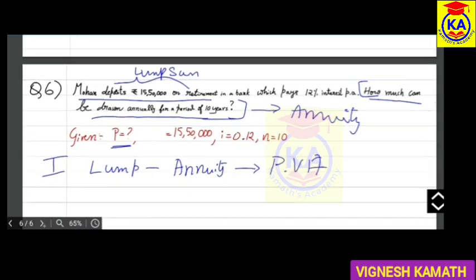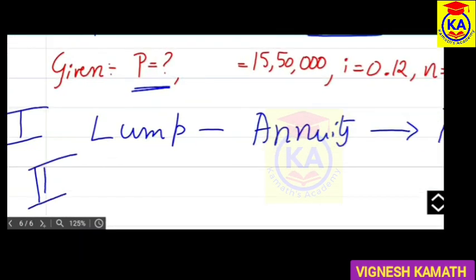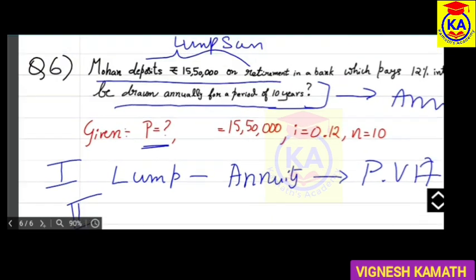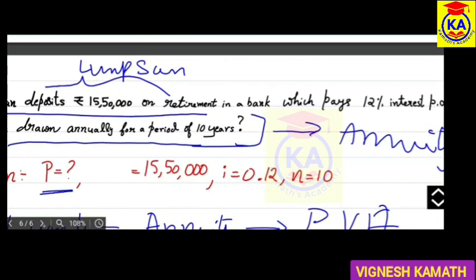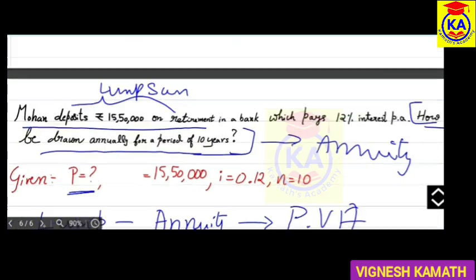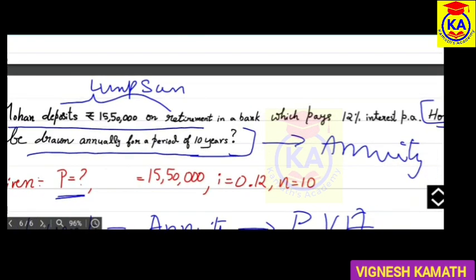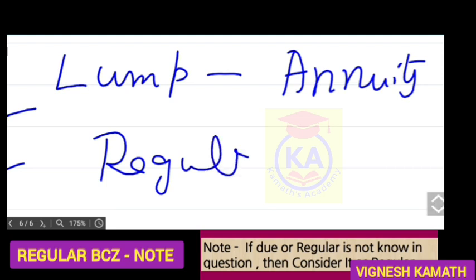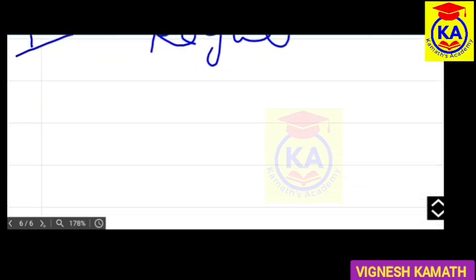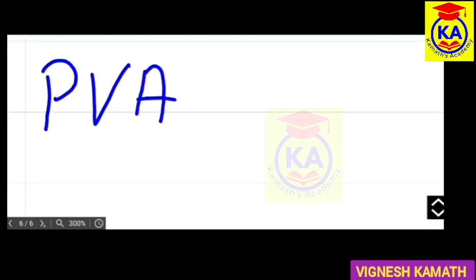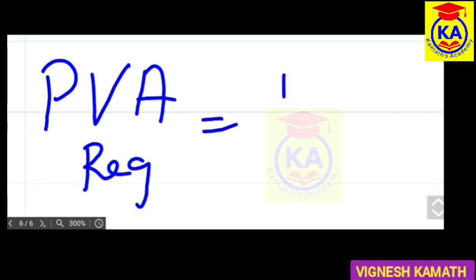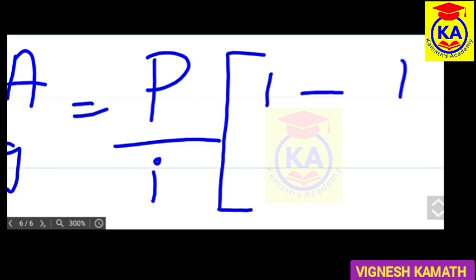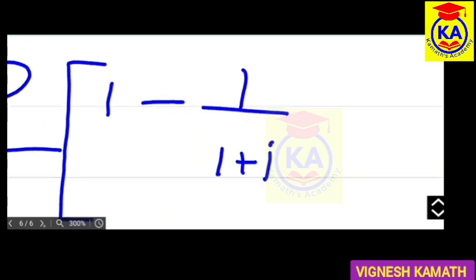Now let's see the second case, whether this question belongs to immediate or due. Here you have to look at how much can be drawn annually for a period of 10 years. This question belongs to regular. So let's write the formula: present value of annuity regular is equal to P by I, 1 minus 1 by 1 plus I to the power n.